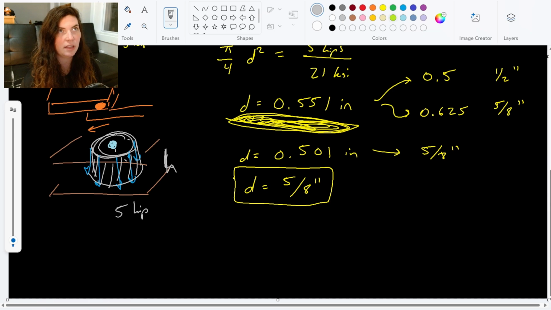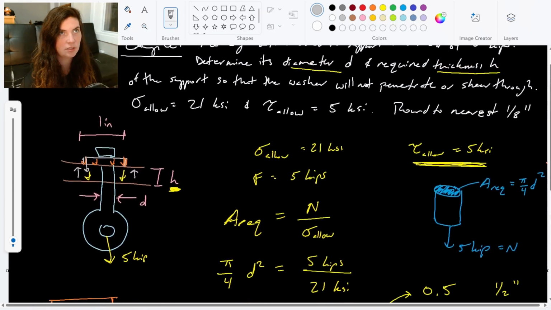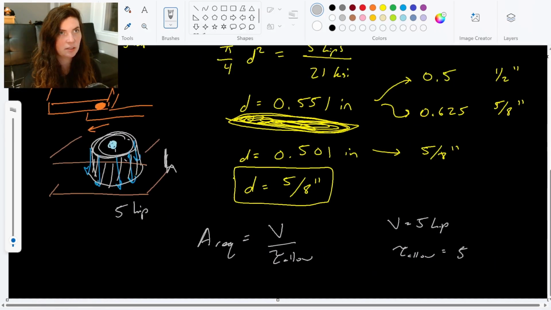So what I'm going to do is write out my area required for shear over shear allowable, where again, now my shear is the 5 kips, and they gave me the allowable shear stress. Was it 5? Yes, 5 ksi.